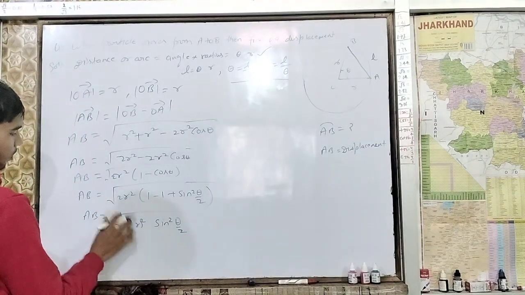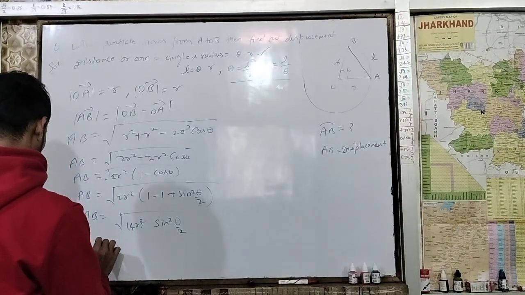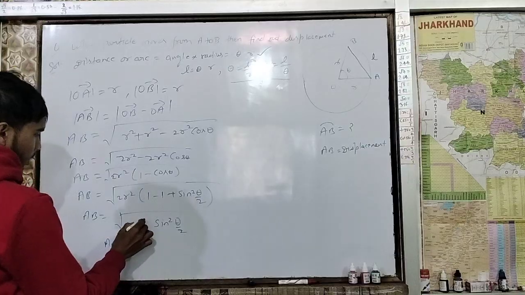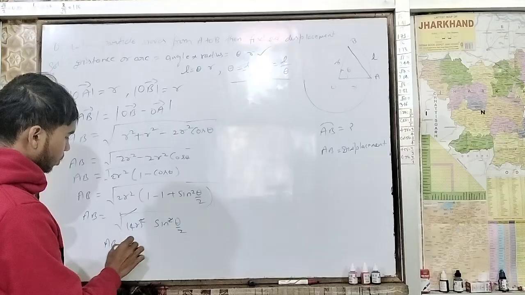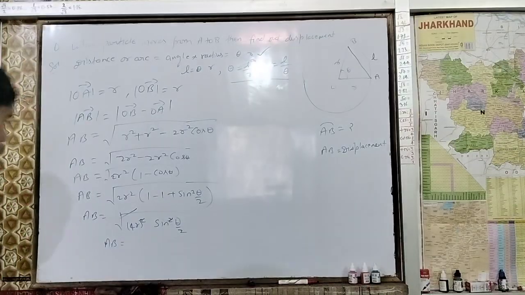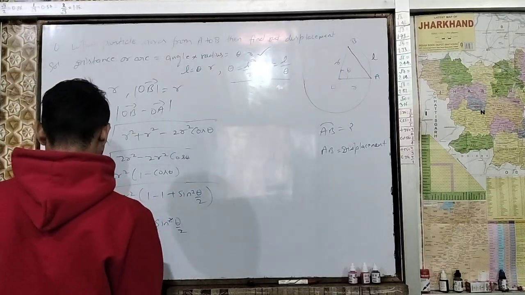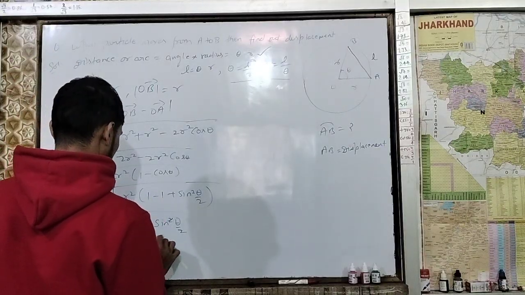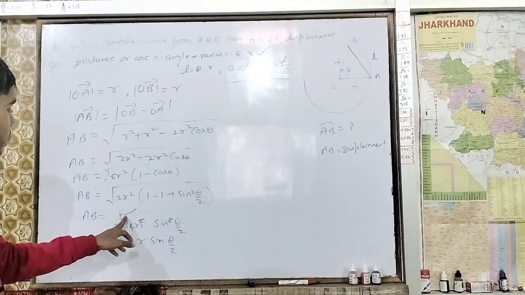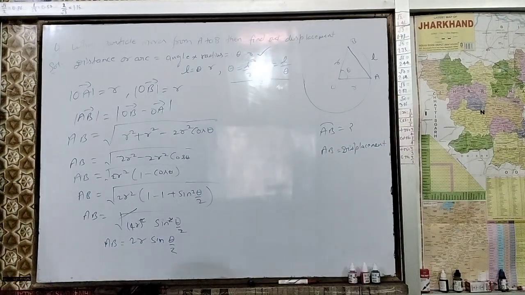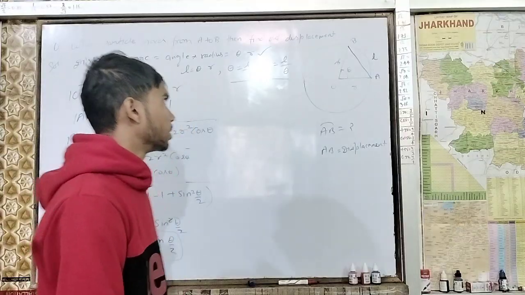The 2 into 2 will become 4. This square is cancelling the root. We get 2R sin theta upon 2. This 2 came out because of the root. So finally we get this equation for the AB displacement.